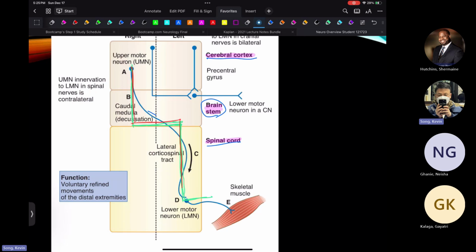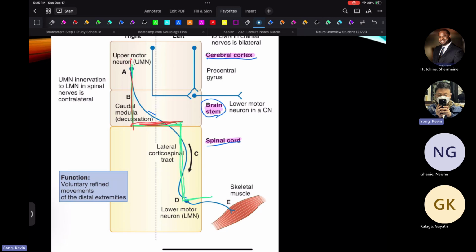What if it's the motor pathway, like the corticospinal tract? It goes down now, right? Same thing. Don't try to understand it as slowly approaching the midline and crossing. Don't make your life complicated. Make it very simple. It crosses at the bottom of the medulla.